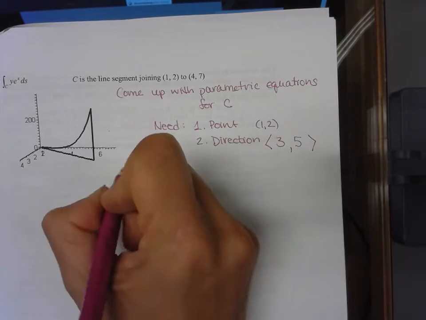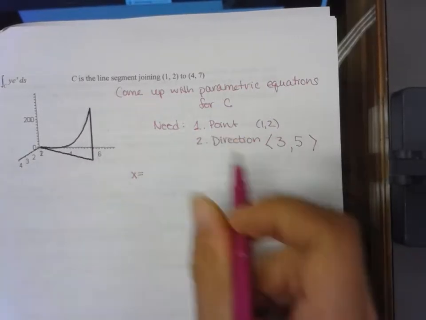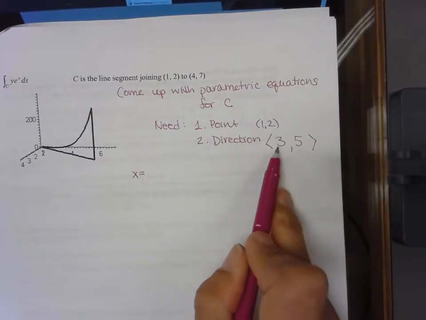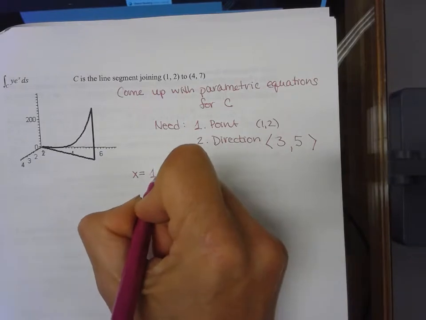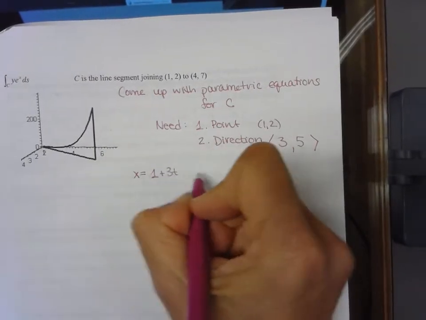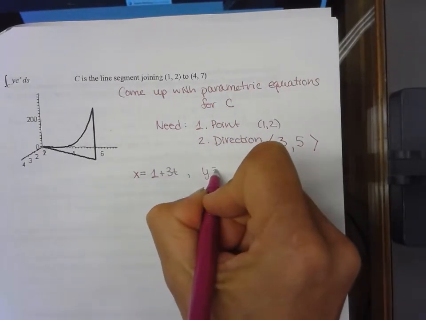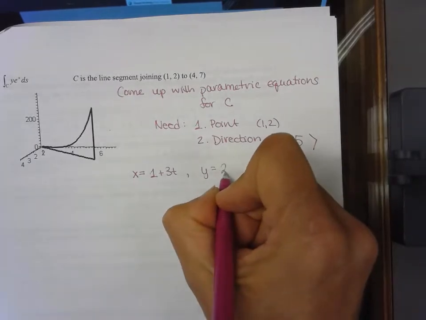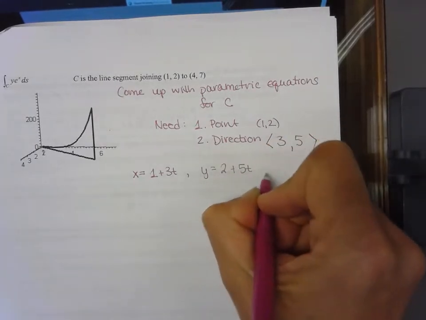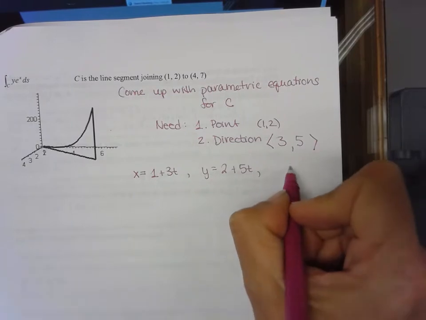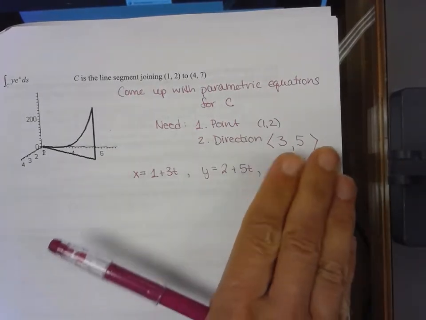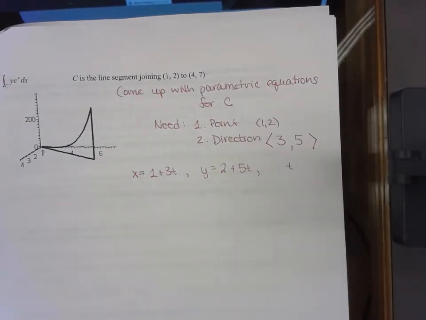Okay, so then our x is 1 plus 3t. Our y is 2 plus 5t. And now since it's a segment, if I just left it like that, that gives me a line that goes forever.